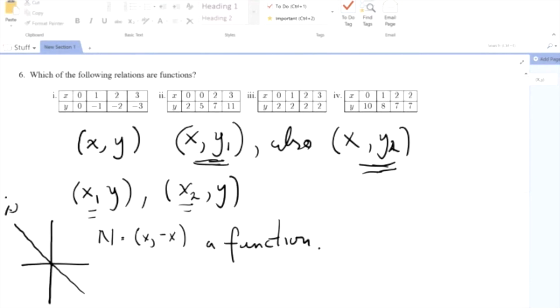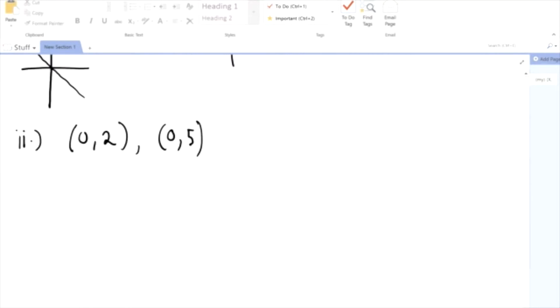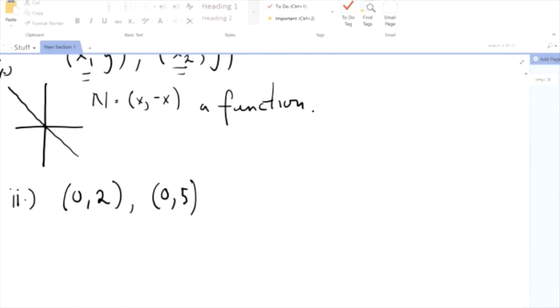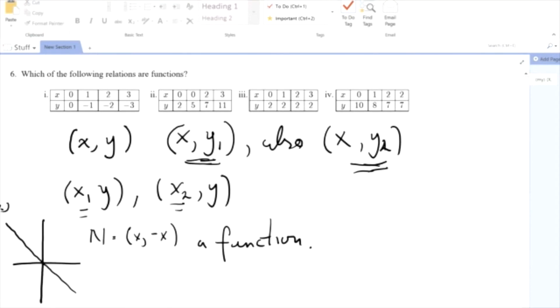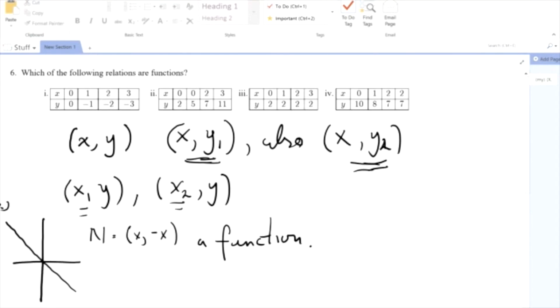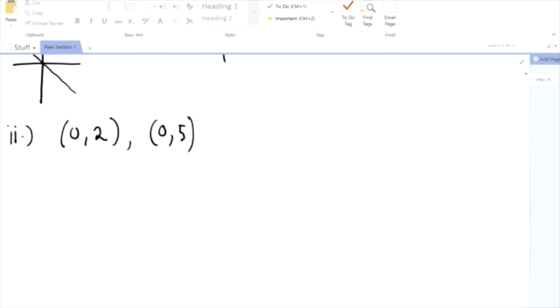The third form is 0 and 2, 1 and 2, 2 and 2, and 3 and 2. So this is a function because even though all our outputs are 2, no x value has a different output from 2. So this is also a function.